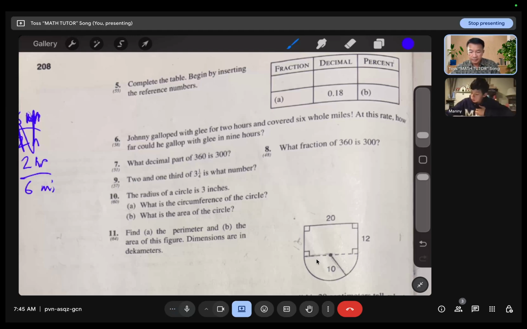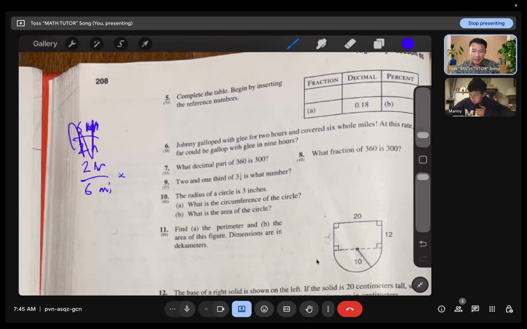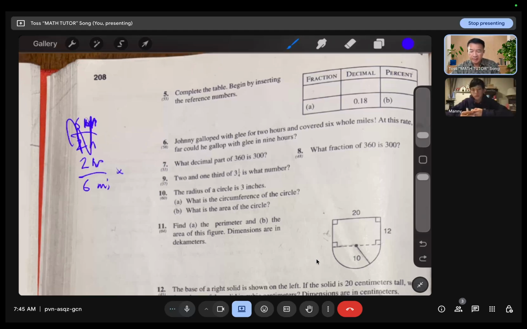Your time by 9, right? You could reduce it, but I would set it up. This doesn't really matter, in the end you're going to reduce and cross cancel anyway. So 9 hours like this. You want me to flip it, 6 miles over 2? Yes.